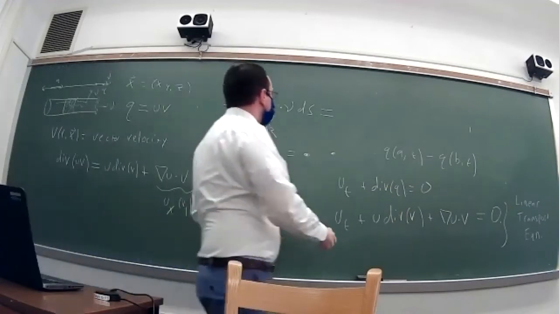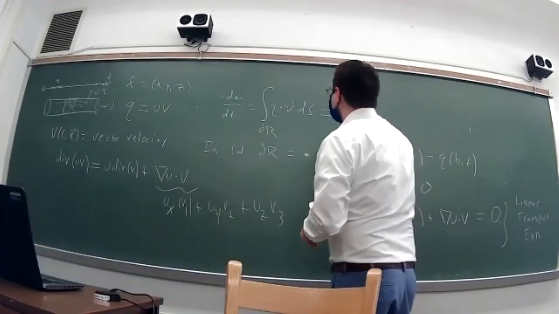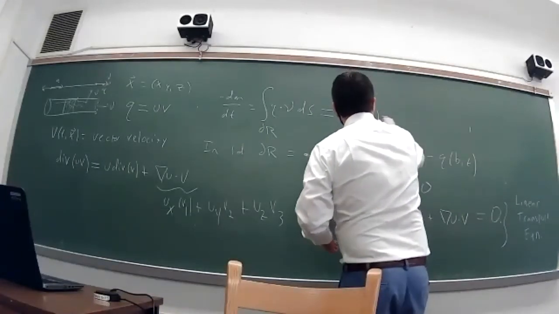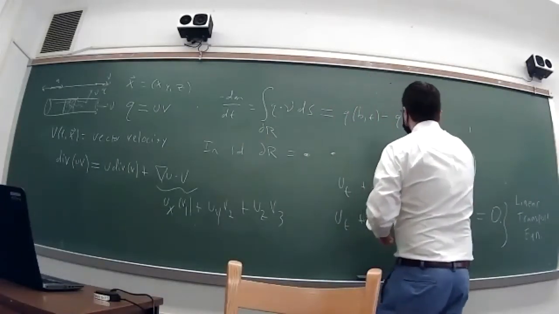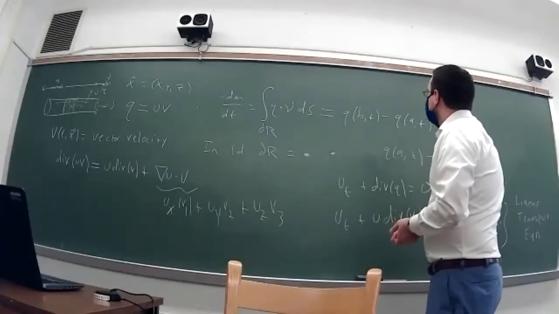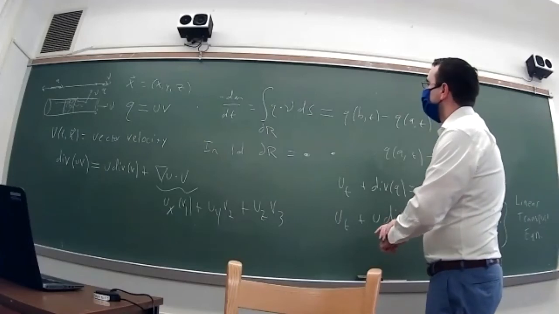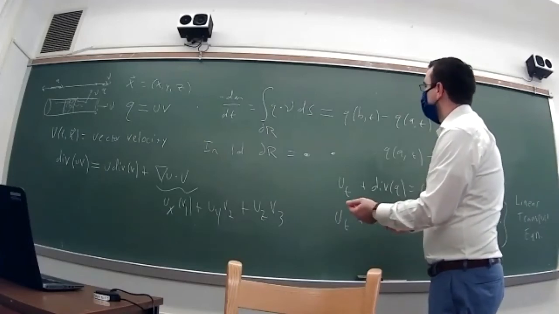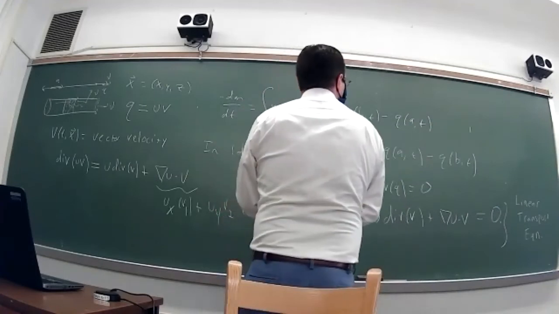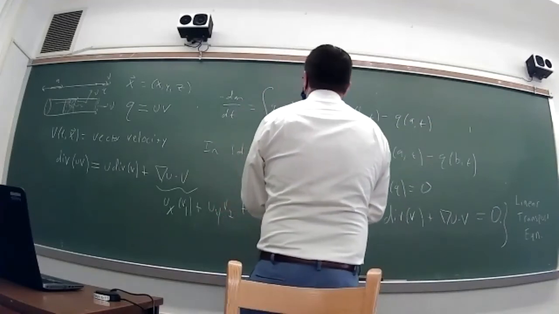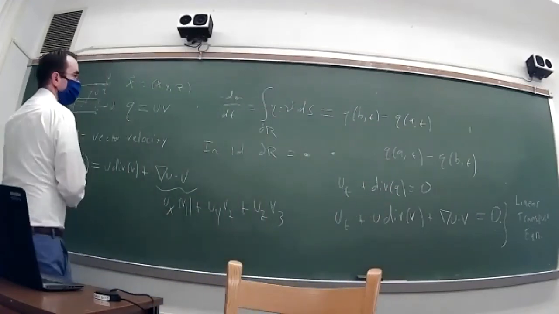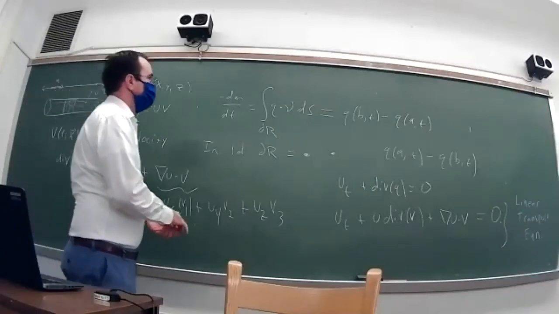So I feel like this should naturally give you Q of B, t minus Q of A, t.